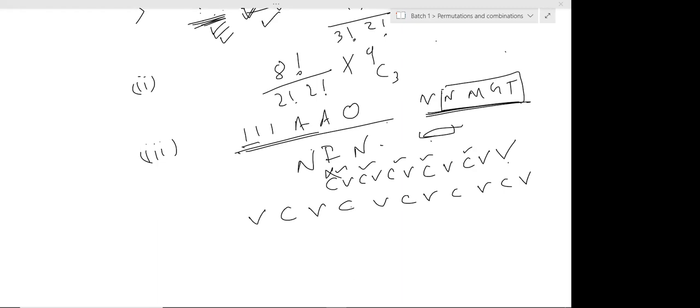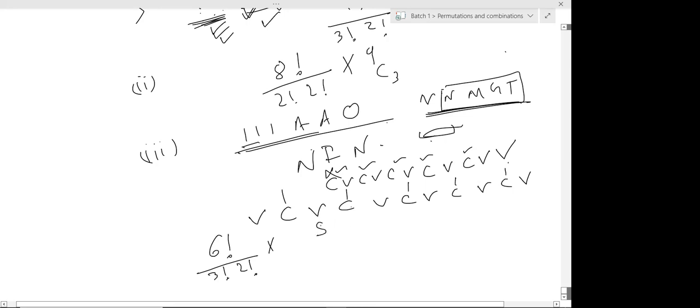I have 6 vowels, 6 factorial upon 3 factorial into 2 factorial. Now I can fill them in these gaps: 1, 2, 3, 4, 5. So 5 factorial, but because of 2 N's, upon 2 factorial. Is it clear? Yes, sir. Okay.